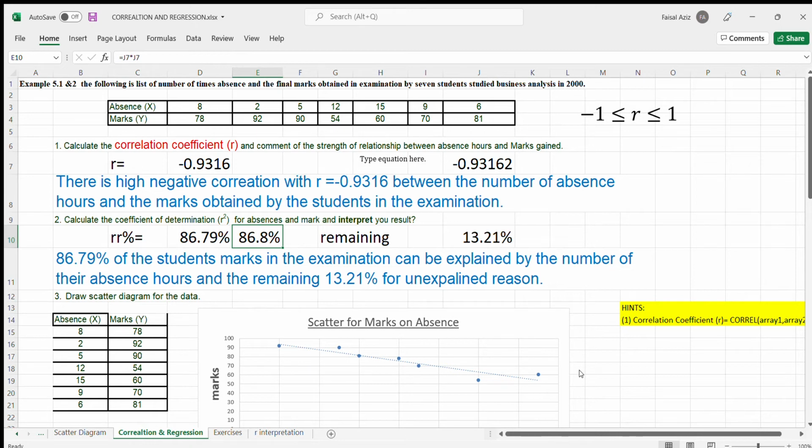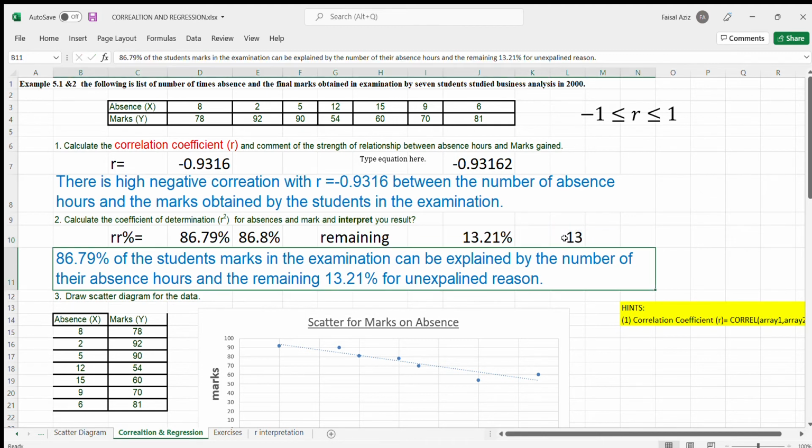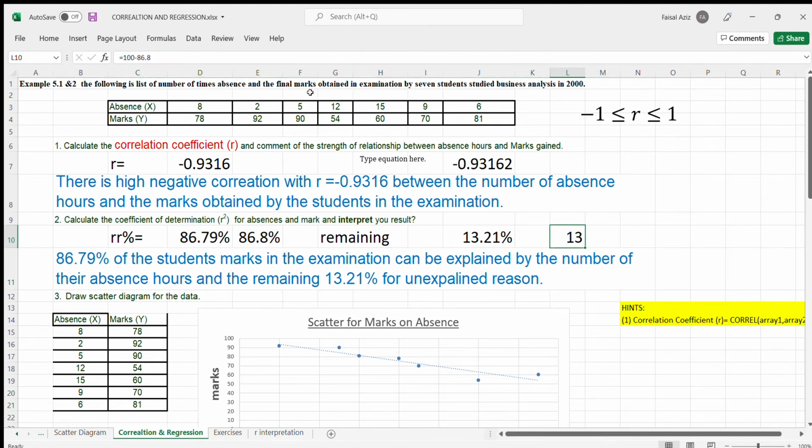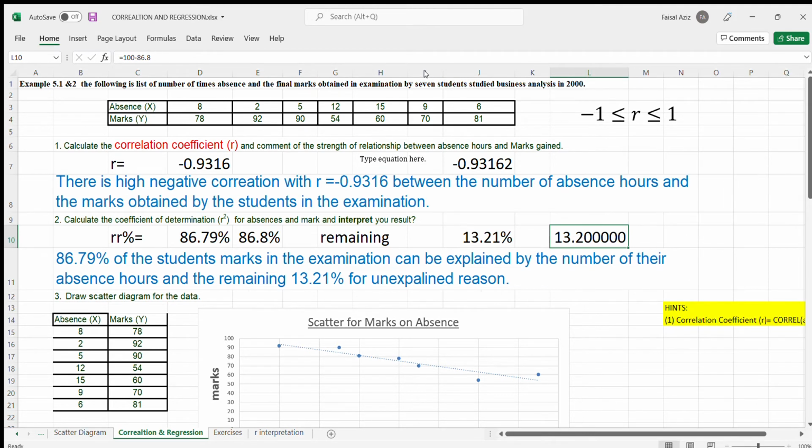So it means that out of 100%, this model is explaining 86.8% of the variations, and for the remaining variations out of 100, we can subtract 100 minus 86.8. So unexplained variations, if I increase the decimal points, will give us 13.2. So unexplained variations we have is 13.2.